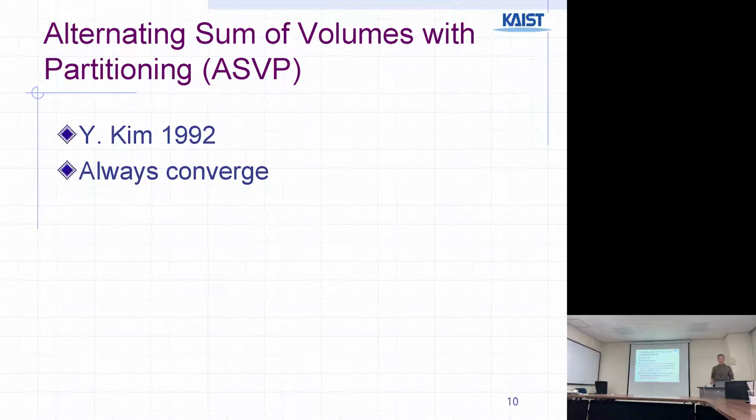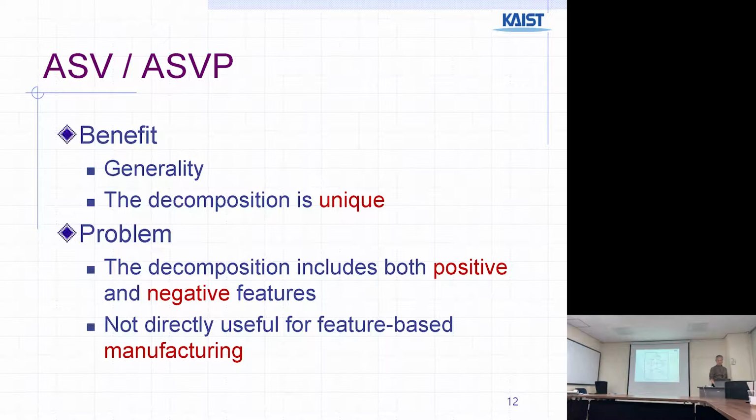Domain independent. But the final goal is domain-dependent features. All right. So you already see this one, very similar, and both of them are good, general, and the decomposition is unique.